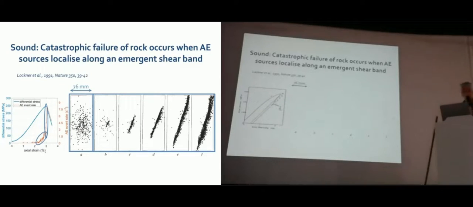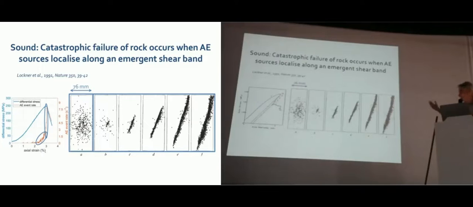So they could see the localization process. And using this feedback, they confirmed that the damage is distributed initially at point A, then it starts to localize, and then it grows to produce the fault.